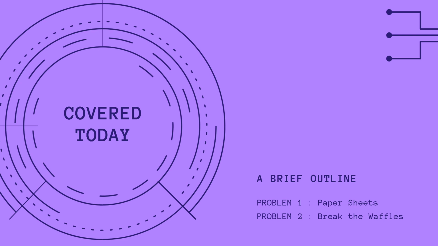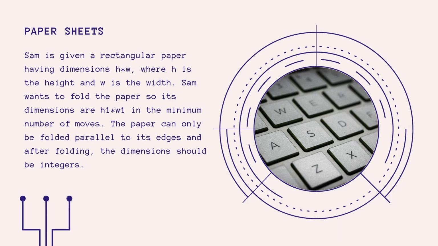Initially, we'll be starting with problem 1, which is paper sheets, which was asked in the 2020 Hack with Infy problem set. I'll read out the entire problem statement, then I will explain it separately.